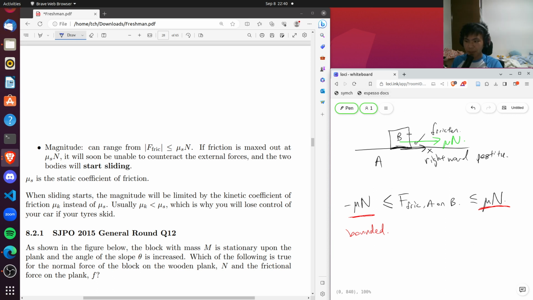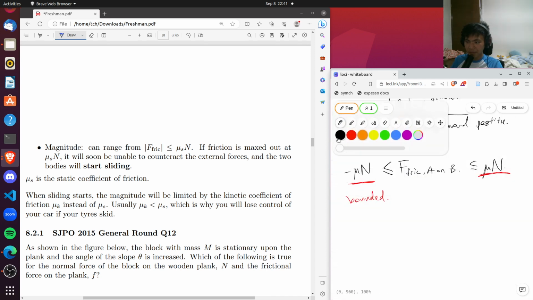So when the object is just resting on the table, the frictional force is 0. Okay, so let me just emphasize that with orange over here, F friction equals 0. I cannot draw a vector of 0 length, but I'm just emphasizing with a point over here. Okay, so that's the first scenario.